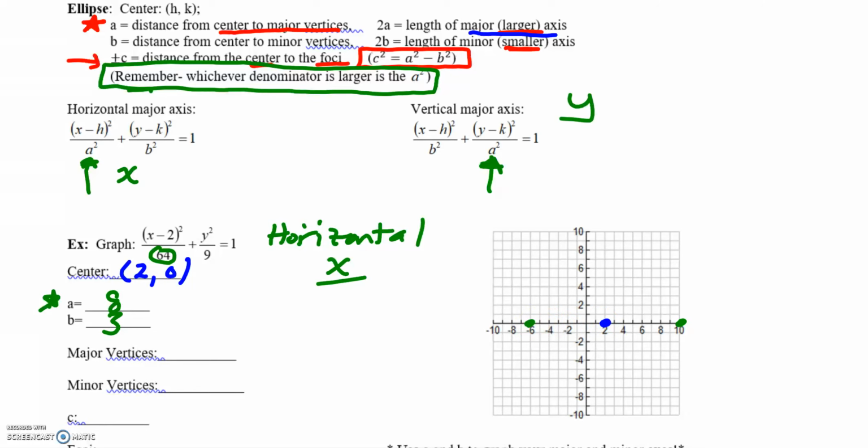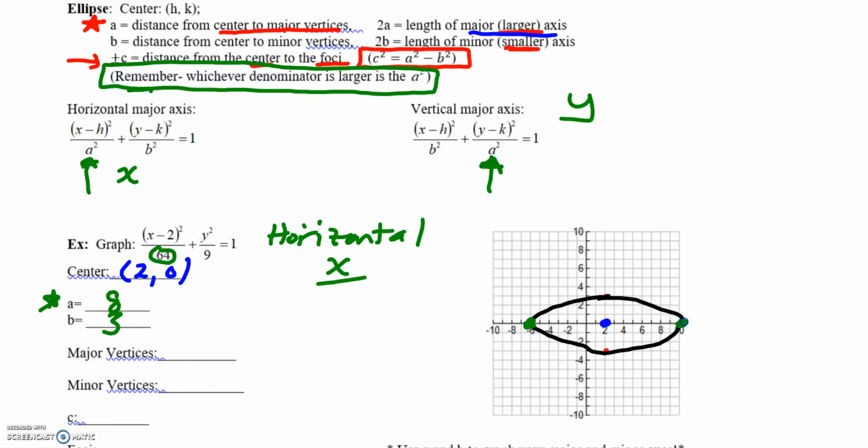Now from the center, the minor axes, I would go the other way, because the y is not the main axis, it's going to be shorter. And I'm going to go up 1, 2, 3. I'm going to go down 1, 2, 3. And then I'm going to connect all of these dots here, and this is going to form my ellipse. Not the best drawn, but again, it'll do.